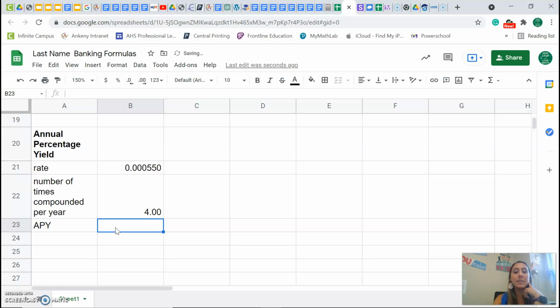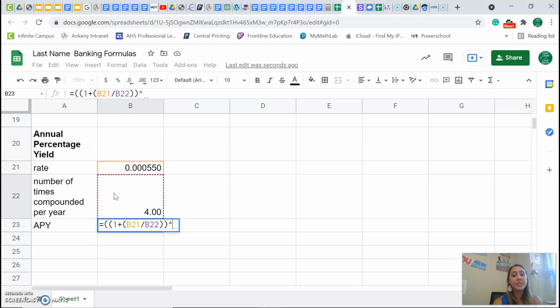The APY is where it gets a little sticky. We want this to be formatted as a percent, so we're going to click on format as a percent, and then we need to type in this formula, and it's really long. It's going to be equals, shift 9, shift 9. We're going to do 1 plus our rate, divided by the number of times compounded, so B22, shift 0, and then shift 0 one more time.